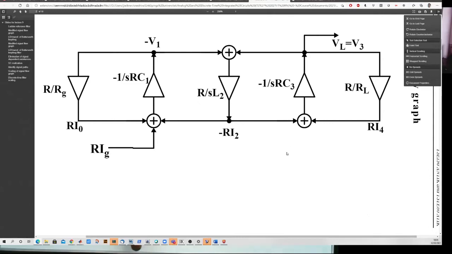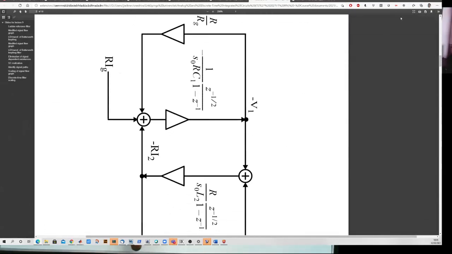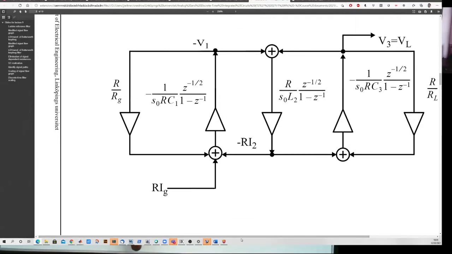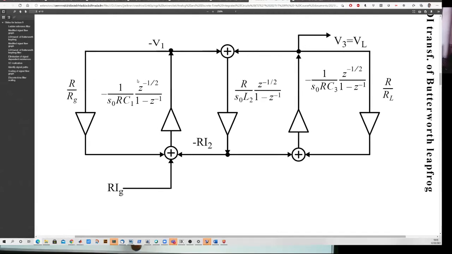We simply do that straight out of the box. Okay, so all the S's now were replaced with S naught parameter, so that's a scaling factor in your design.